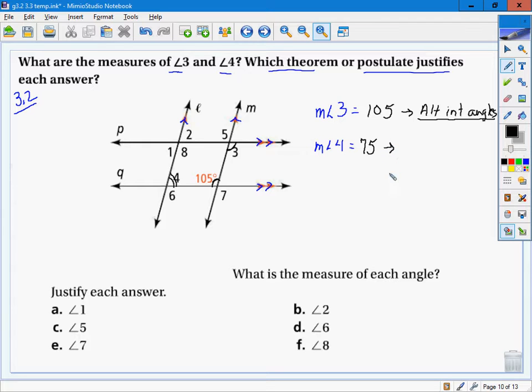Because line L and line M are parallel to each other. Right? And so that would mean that the measurement of the angles would be the same on both sides. And since angle 3 equals 105, you just subtract 105 from 180. Same side interior angles add up to 180.